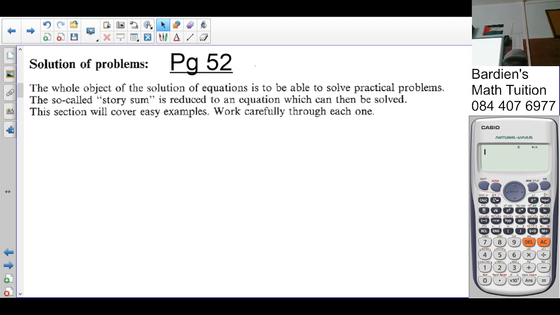Then the rest of the guidelines is given there, and then we set up an equation and so on. That's on page 52. You can write down the guidelines as part of your homework. Only 7 of them.